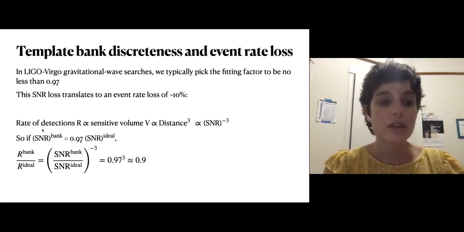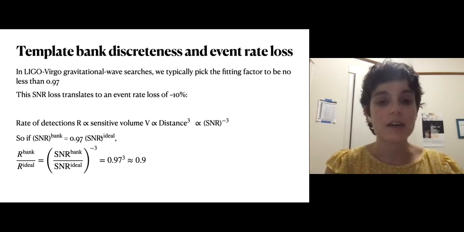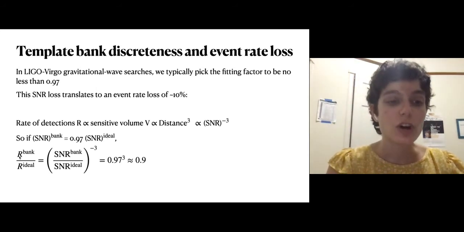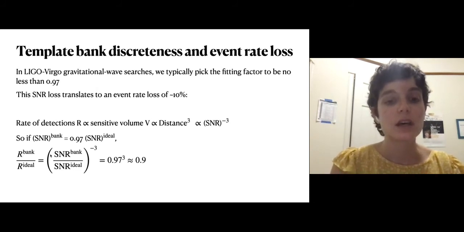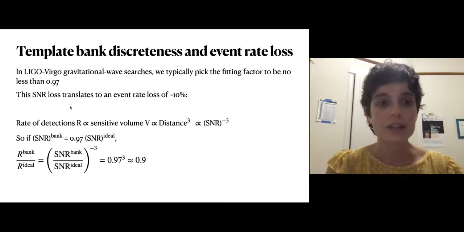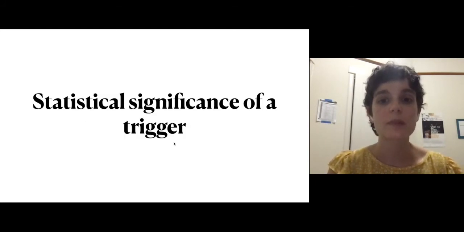And if the SNR over our bank, the maximum signal to noise ratio we can get with our templates, is 0.97 of the ideal case, then the ratio of the rate that we get with our template bank over the ideal case is around 0.97 cubed, which is around 90%. So that's where this fitting factor of 0.97 comes from.